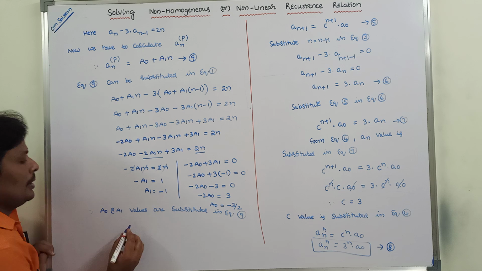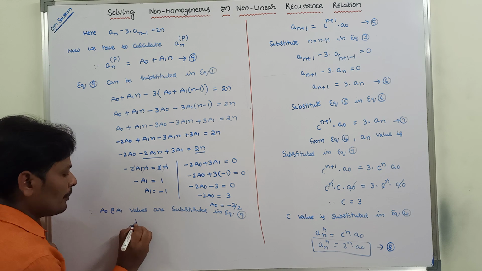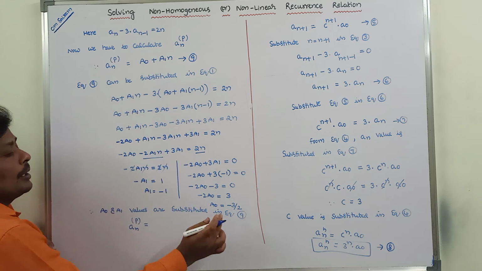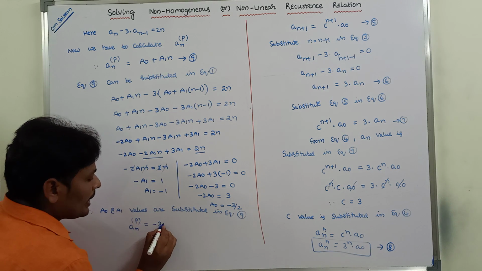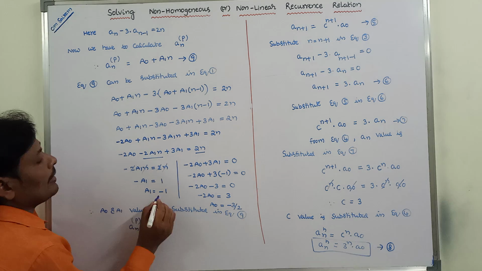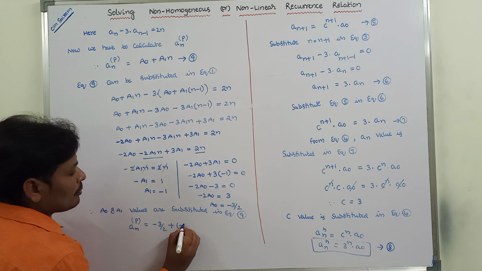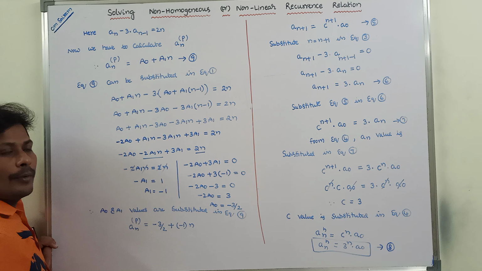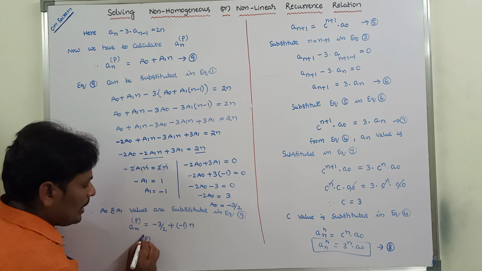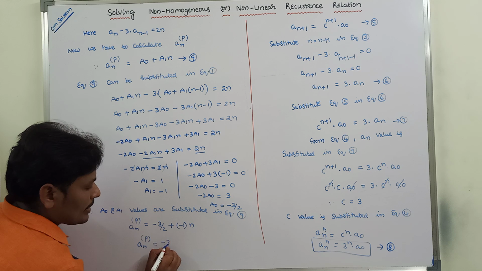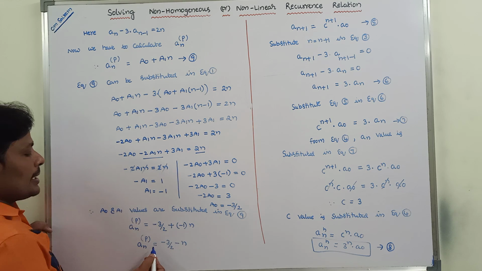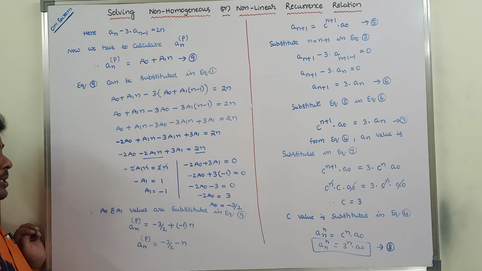So a suffix n power p is equal to, what is the a naught value? The a naught value is minus 3 by 2 plus the a1 value is minus 1 into n. So a suffix n power p is equal to minus 3 by 2 minus n. So this is the particular solution.